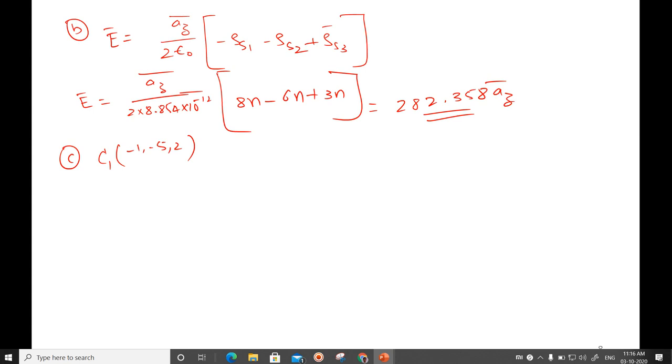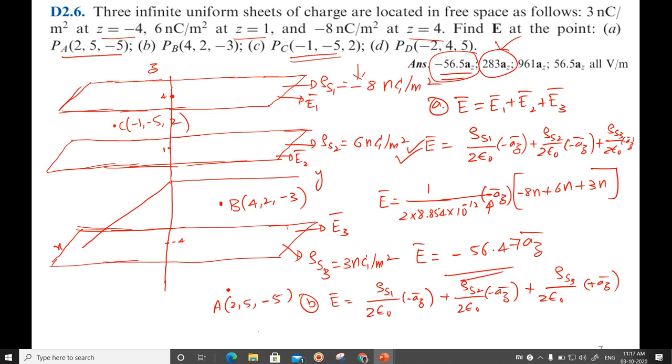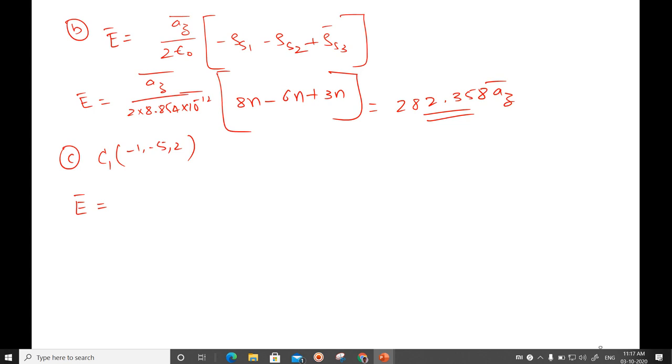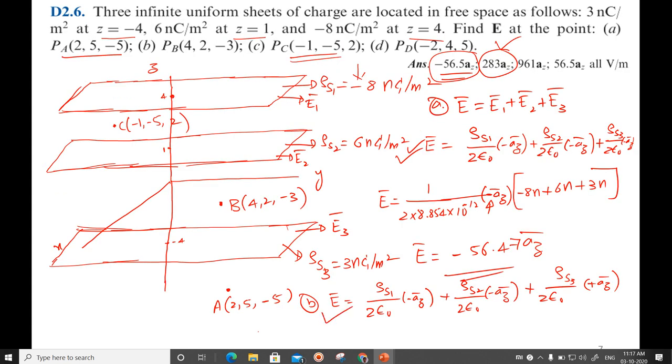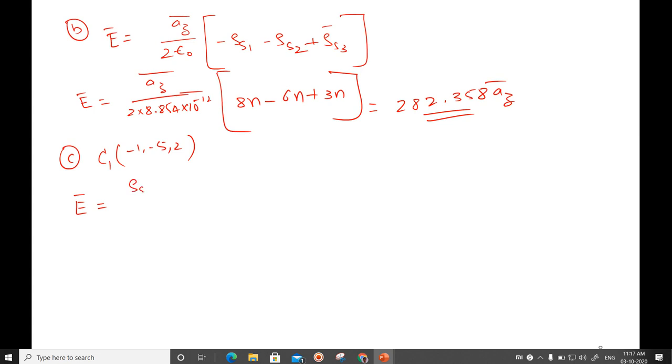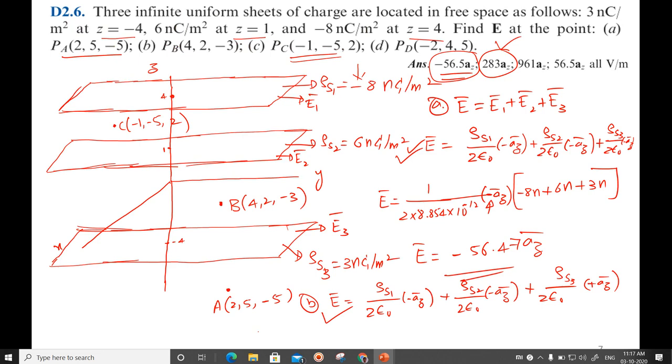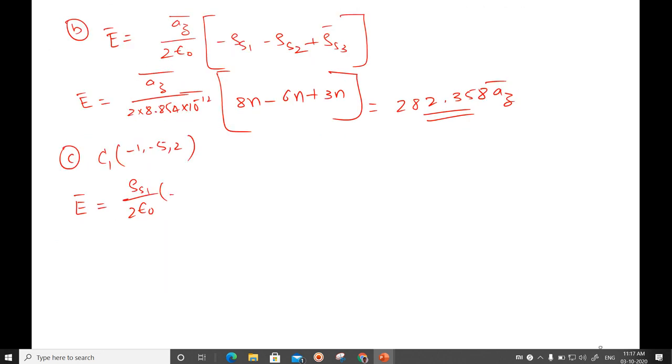Then I will write the formula. E vector is equal to, observe this formula from part B. Rho s1 by 2 epsilon naught, whether it is plus az or minus az: because this point C is below, it is minus az.